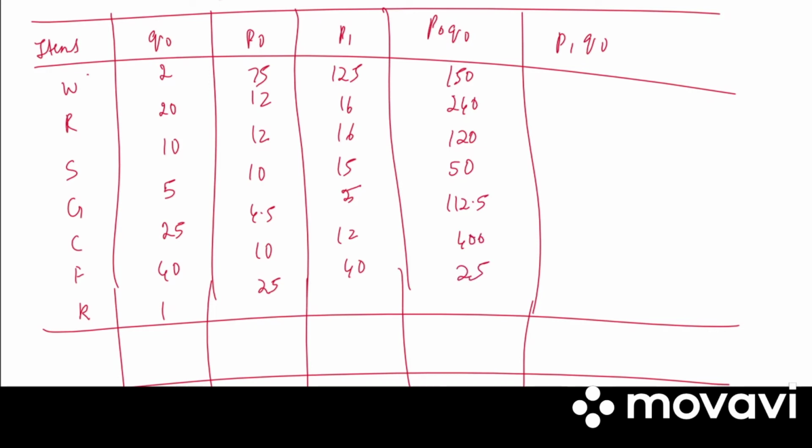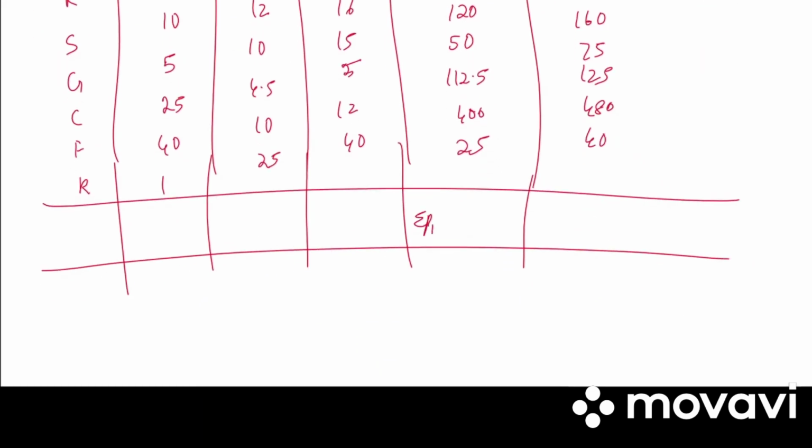Next we have P1 into Q0: 150, 20 into 16, 320, 160, 75, 125, 480 and 40. So summation P0 Q0 is 1097.5. Summation P1 Q0 is 1450.